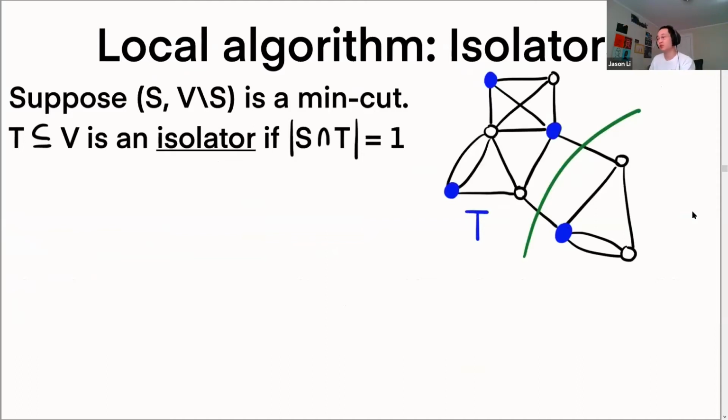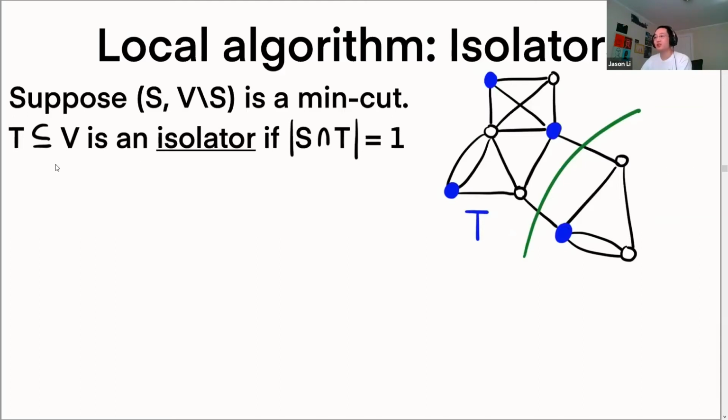Now we'll dive deeper into how these techniques are used for the specific min-cut problem and how our algorithm works. So for a local algorithm, our main insight will be this concept of isolators, defined as follows. Suppose S, so here S is the vertices on this side of the green cut, is a min cut of the graph.